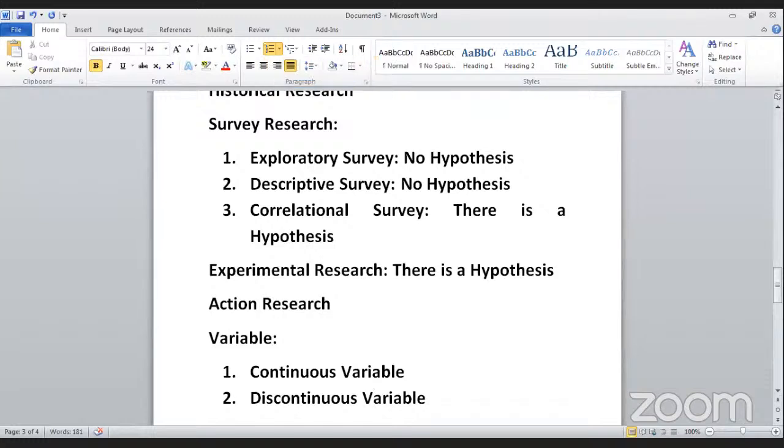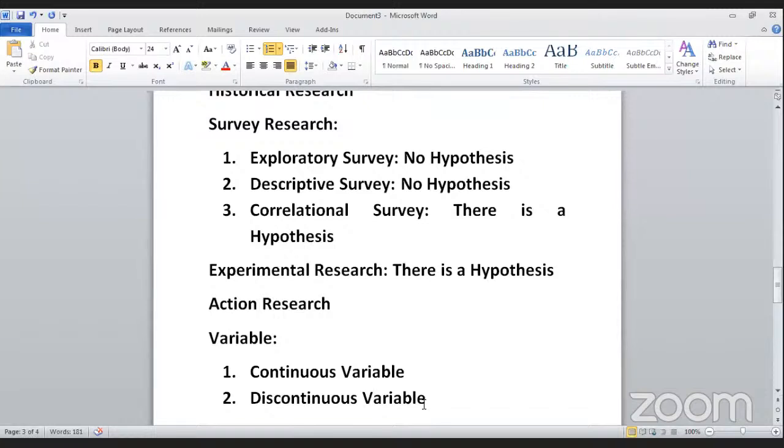Please understand, because there is a misnomer, and what is that misnomer? Just now I will tell you. It is because of that the quality of the research is coming down. So in all subjects, you will find continuous variables and discontinuous variables.